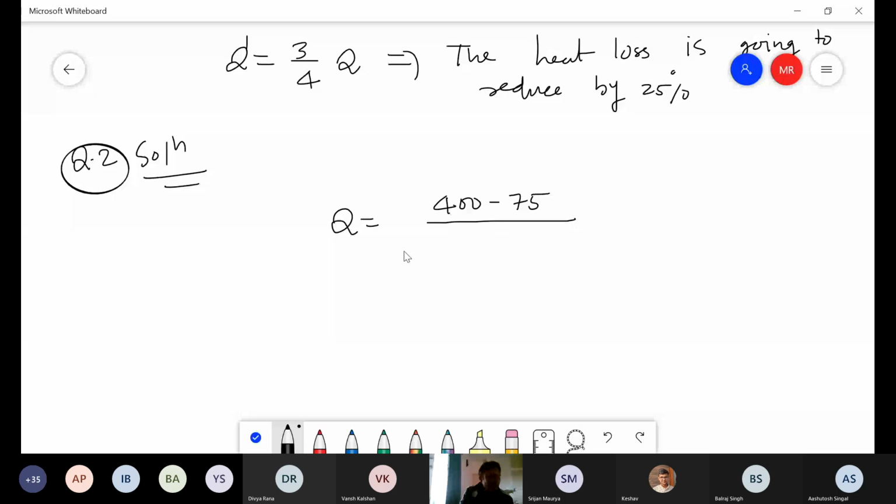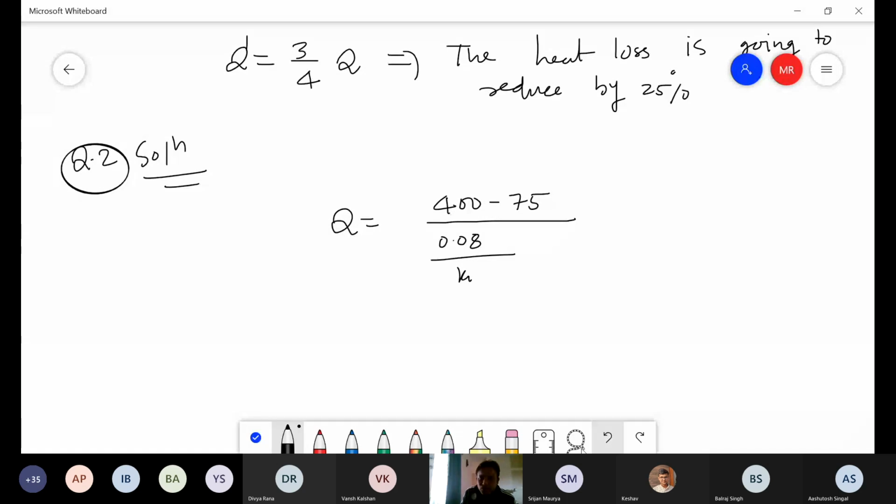So there is a fire brick, with a thickness of 8 centimeter, and 30 centimeter is the ordinary brick. So that becomes 0.08 divided by K1A.